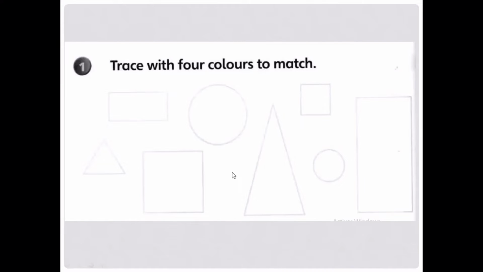How many squares do we have? We have 2 squares. So we color the squares with another color.